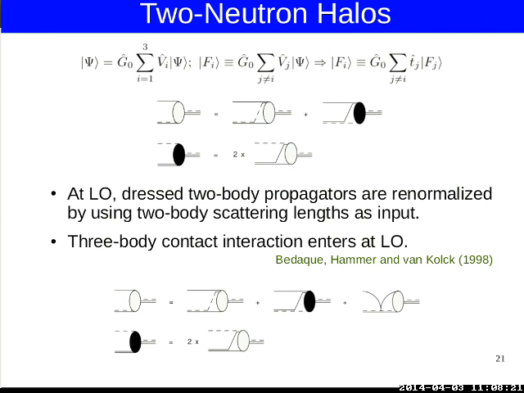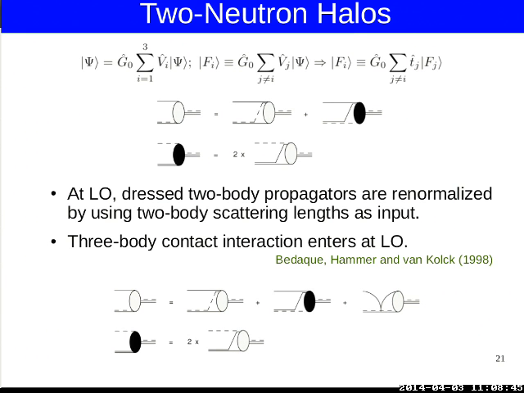All the two-body propagators shown here are dressed, so they are renormalized, at leading order, by using the two-body scattering lengths as input. However, a three-body contact interaction enters at leading order. So it's impossible to make a prediction without having at least one three-body datum as input.